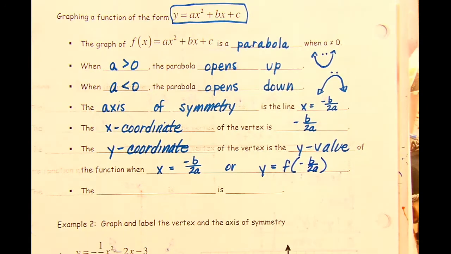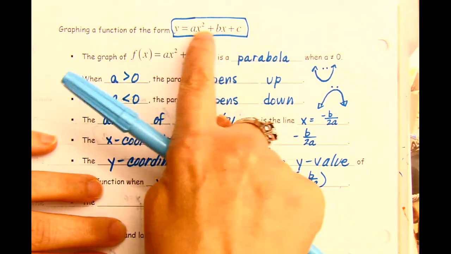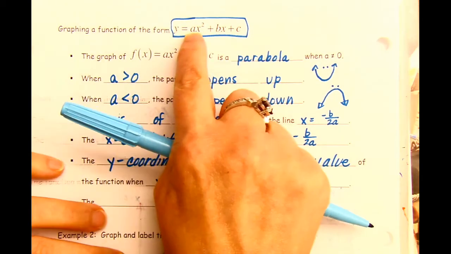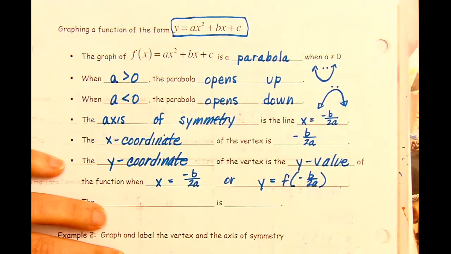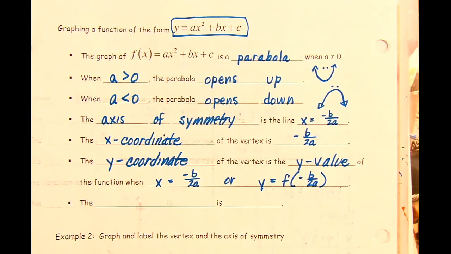It just simply means once you find the x, you're going to substitute it back in here and calculate the y. Right? Remember when we found f of 2, we put a 2 in for the x's to find the y. Same thing. Whatever the x value is, you're going to substitute it into the original function.